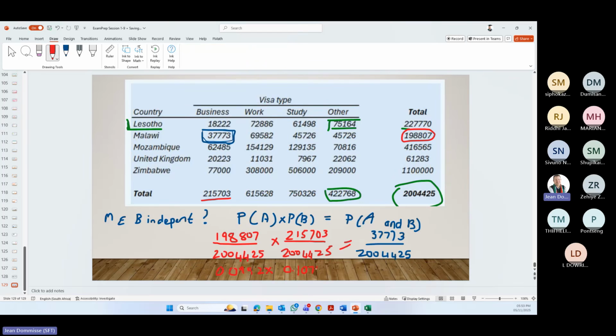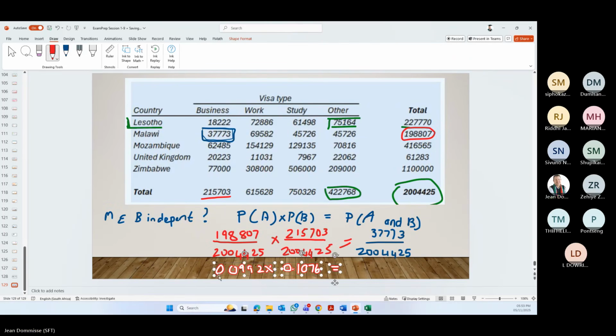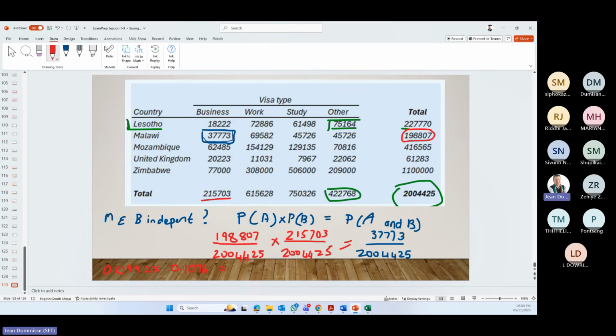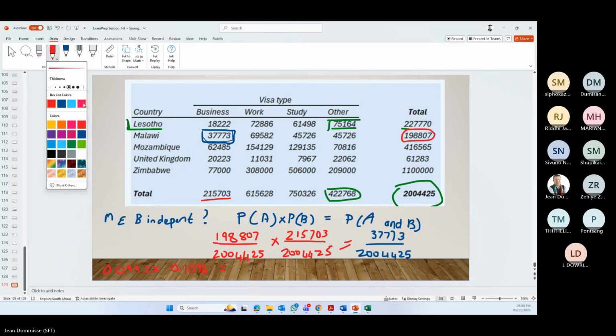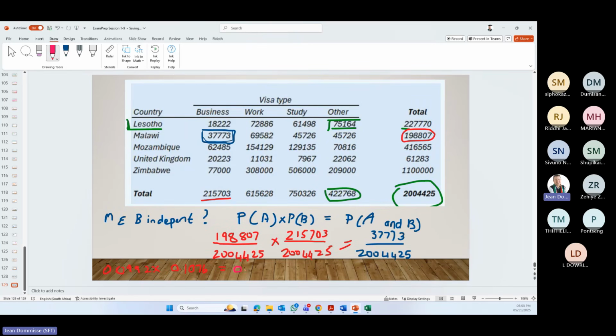I will change the landscape of the slide now so that one can see all of that. So 0.0992 times 0.1076, if somebody can just check, my answer is 0.0107.